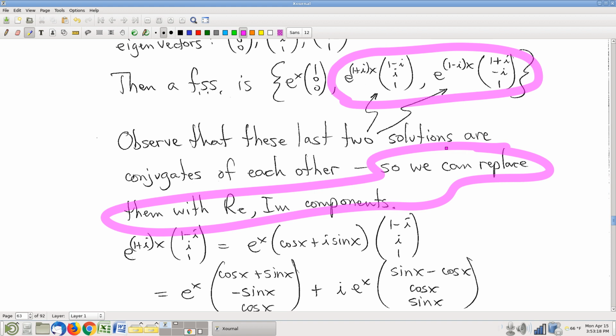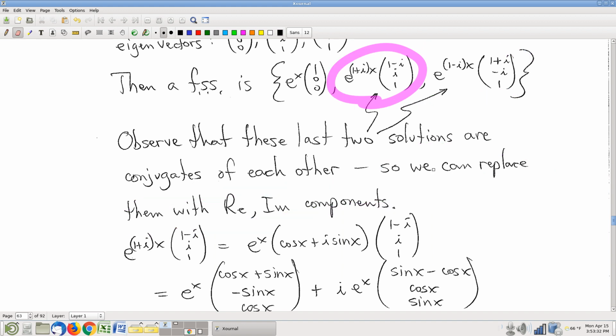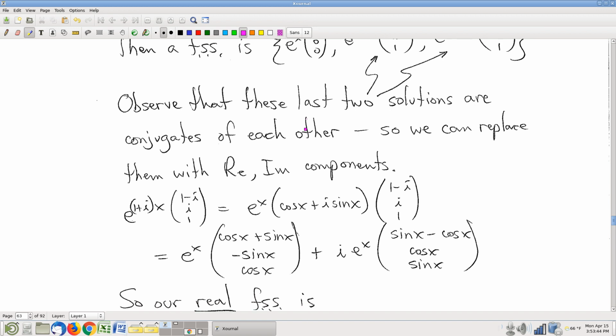And so all we're going to have to do at this point is just look at one of these things, identify its real and imaginary components, and declare those to be our in trade from our original conjugate pair. Okay, so looking at this function here, we just need to figure out how to write it in rectangular form, find the real and imaginary parts. And now it's just a little bit of complex algebra, no big deal.